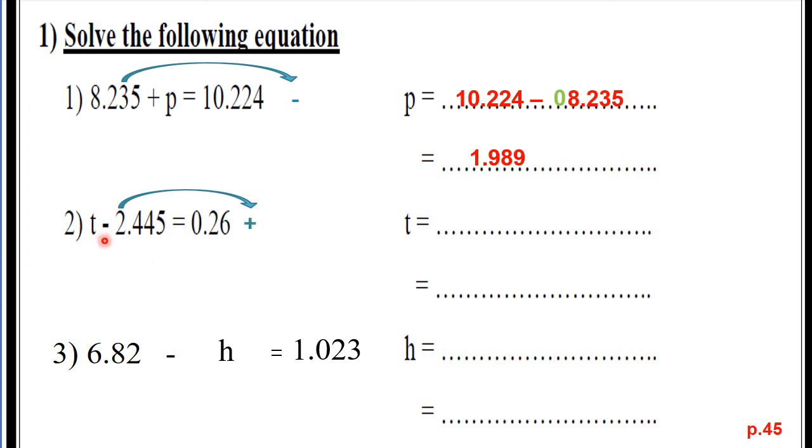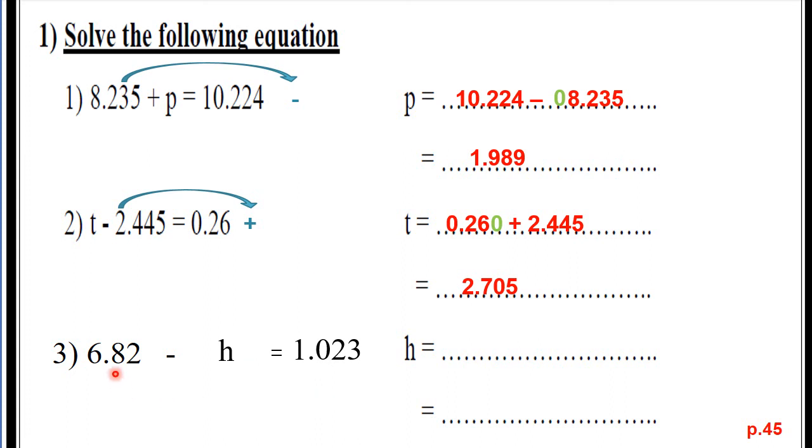Here the operation is minus, so it will be plus. So here t equals 0.26 plus 2.445. And now, when we calculate, the answer will be 2.705 thousandths.